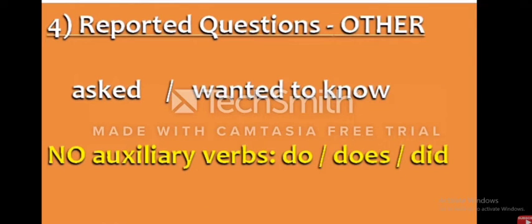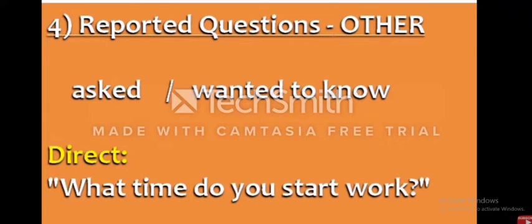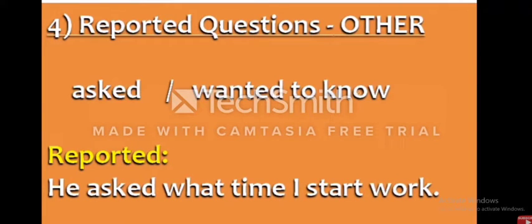To report other questions that are not yes or no questions, we use asked and wanted to know with no auxiliary verbs do, does, or did. For example, direct: what time do you start work? Reported: he asked what time I start work.